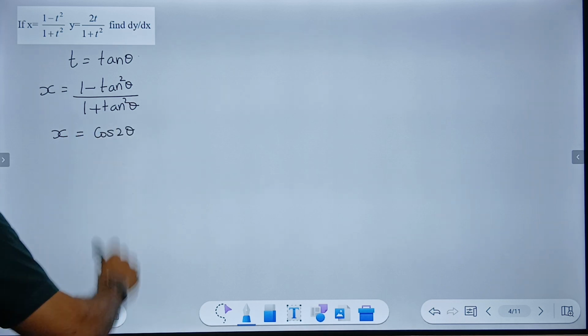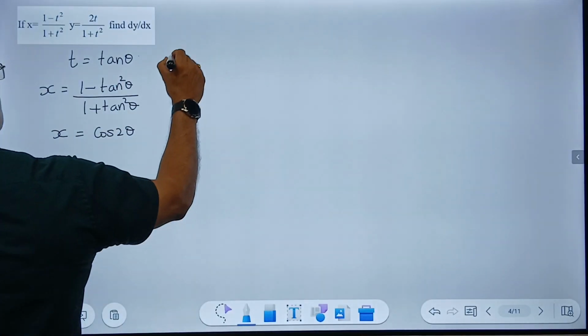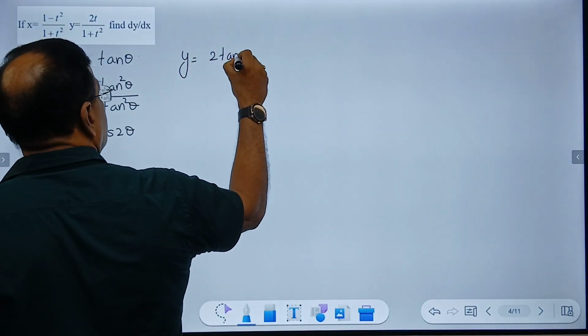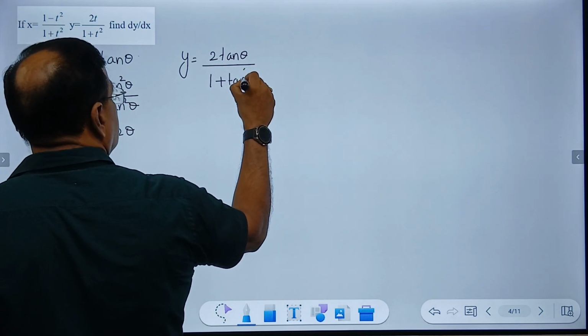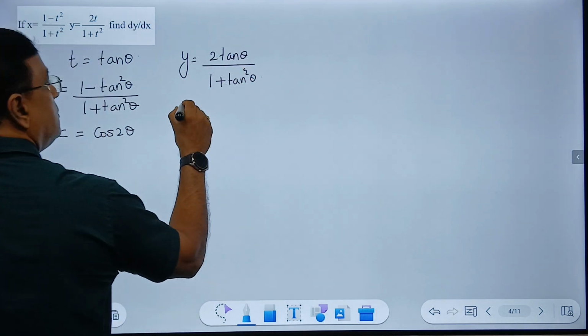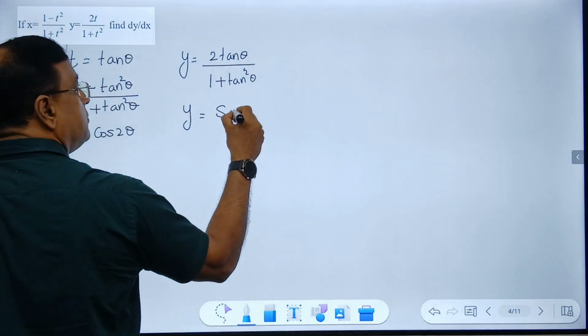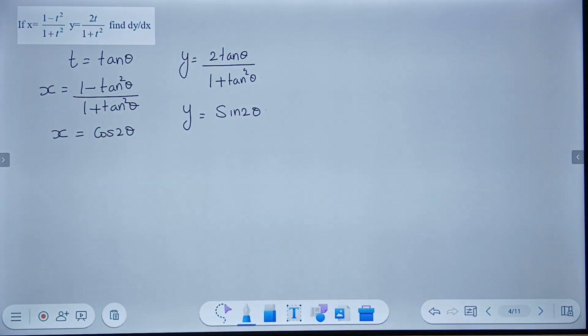So I have changed my parameter from t to theta. Now what is y? Y is 2 tan theta divided by 1 plus tan square theta, which is nothing but sine 2 theta.